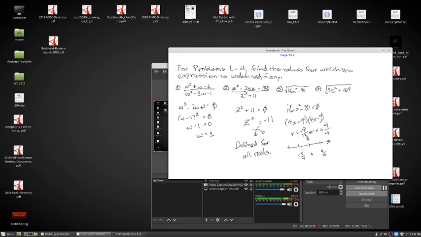Above the number line, let's track what happens for the first factor here, 4x plus 9. At negative 9/4, it's going to be equal to 0. But for everything less than that, we're going to end up with a negative number.